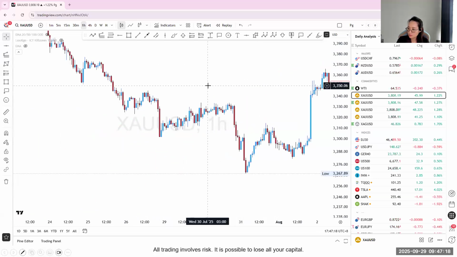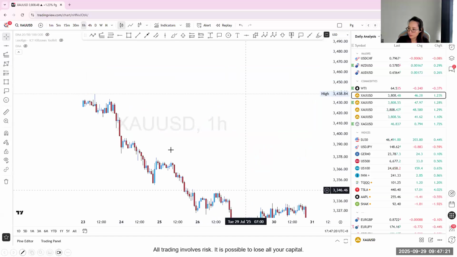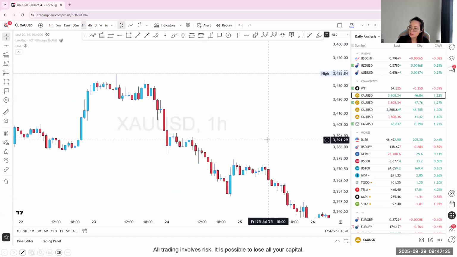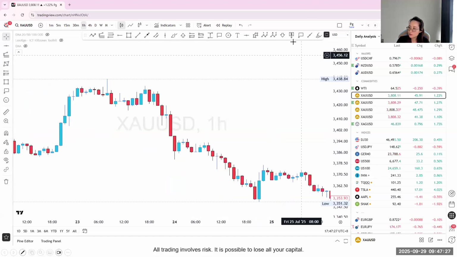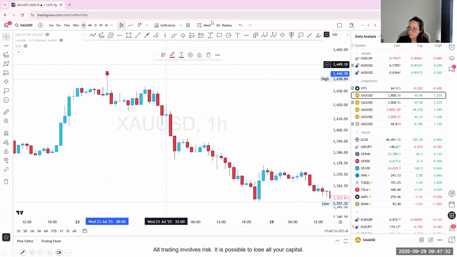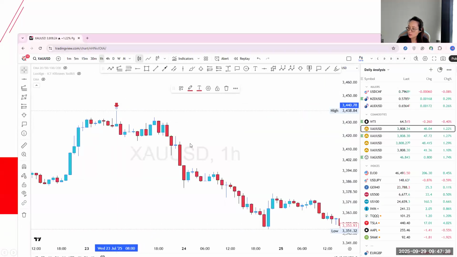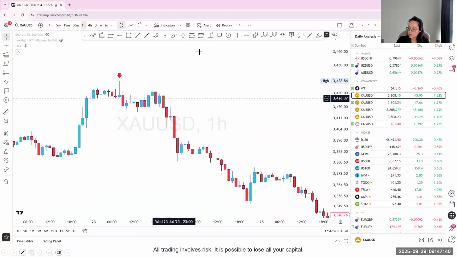Okay, let's say I'll pick here. It would be out here, a shooting star, right? Even though in the picture you can see that it's a shooting star, it's this one, correct? Here in H1 time frame.